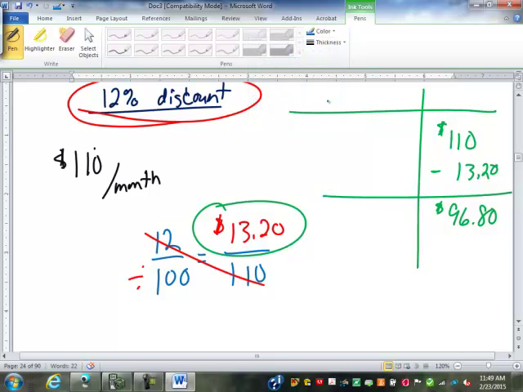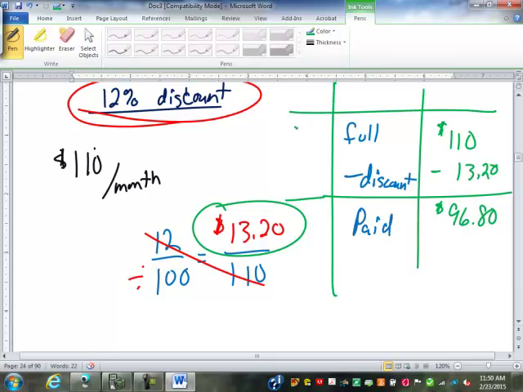Now, let's analyze that. The $110, that was full price. $13.20, that was the discount. We subtracted that discount. So the $96.80, that is the amount that we paid after the discount. If we look at that in terms of these complements, we can see that the full amount is 100%. The discount of 12%, if we subtract what's left, is 88%.